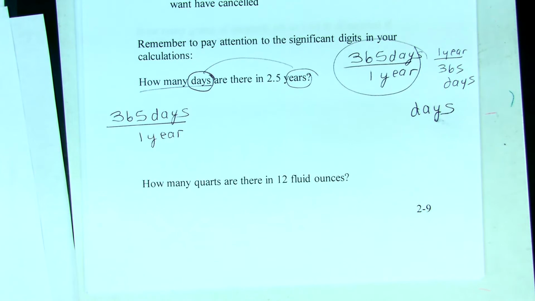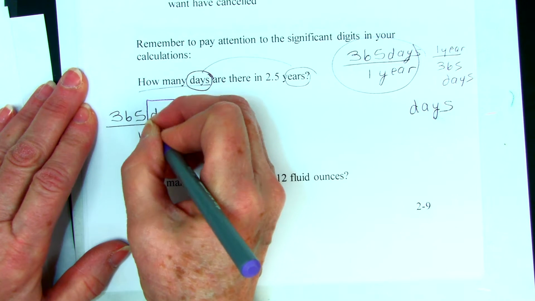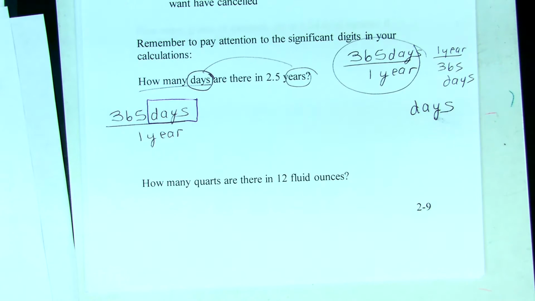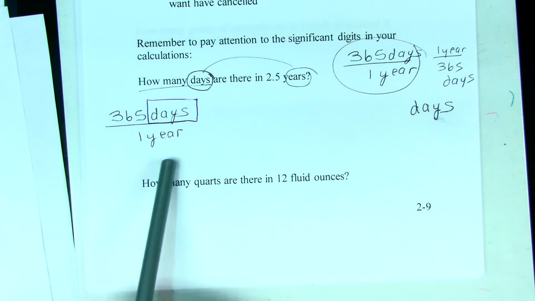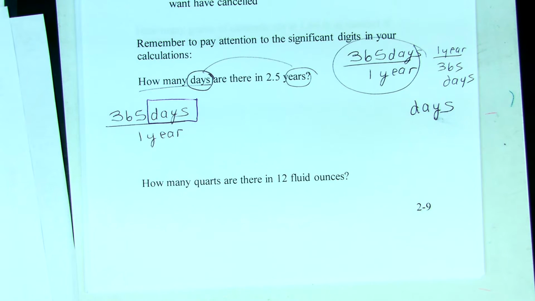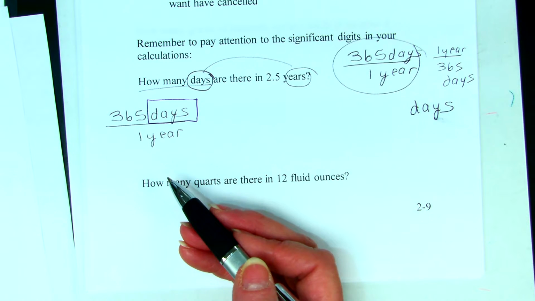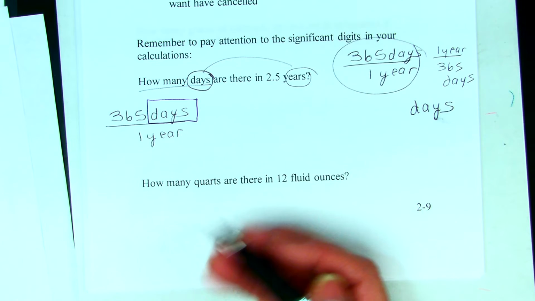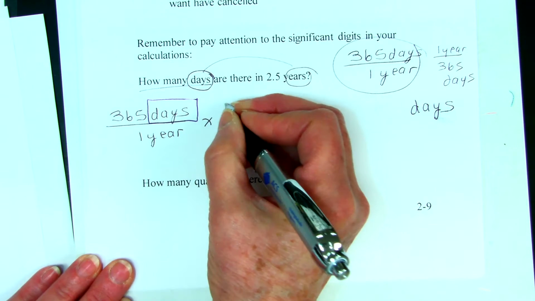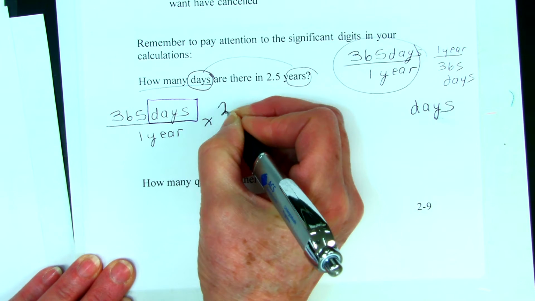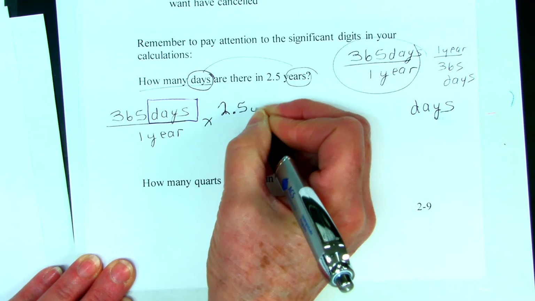Now I think about this. I want my answer in days. So I want to preserve this unit of days. And in order to do that, I have to get rid of years. Years is on the bottom. So if I multiply by years, putting it on the top, years will cancel. Times 2.5 years.